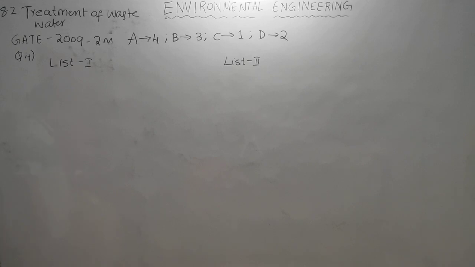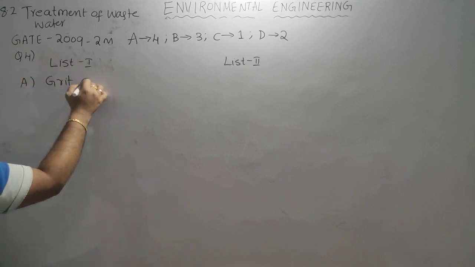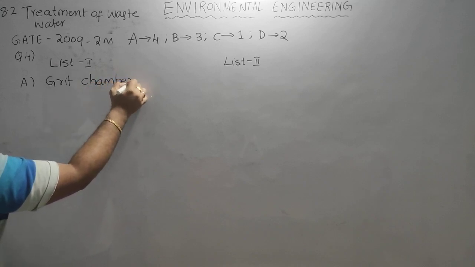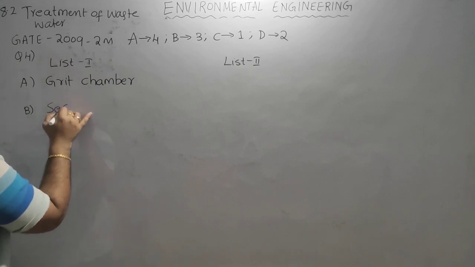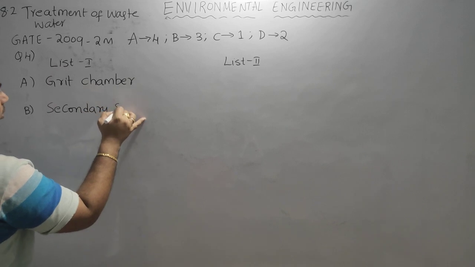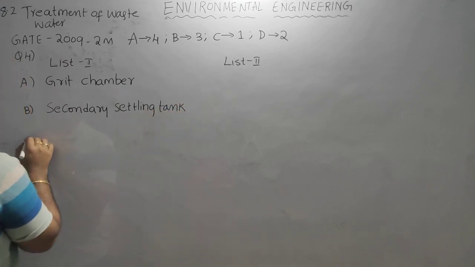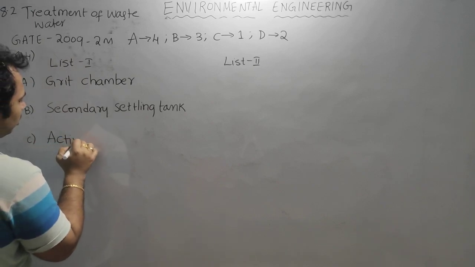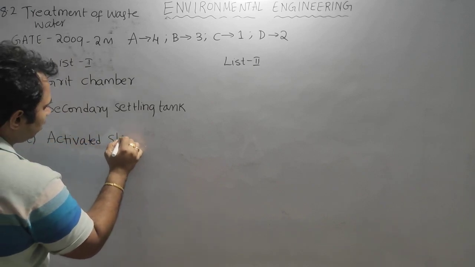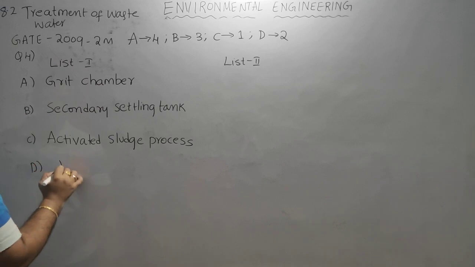Here list 1 is option A, grit chamber, option B, secondary settling tank, option C, activated sludge process, and trickling filter.